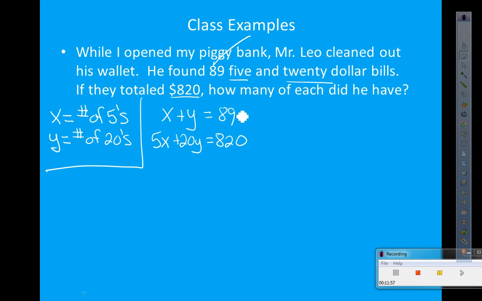And then I hope solving is the easy part now for you. I'm going to multiply the top by -5, and then I'm going to distribute. So I've got -5x minus 5y equal -445. And the bottom equation I'm leaving alone.